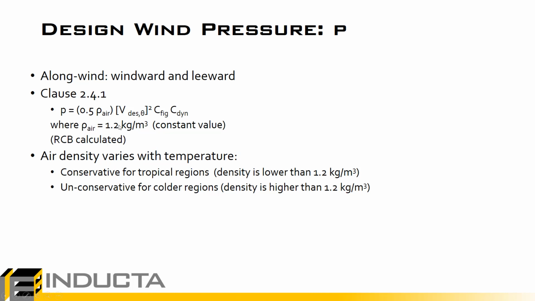So the density of air of 1.2 kilograms per meter cubed is a constant value in RCB. So just one thing of interest is that this 1.2 kilograms per meter cubed density is conservative for tropical regions where the density is lower, but unconservative for colder regions where the density is a bit higher.